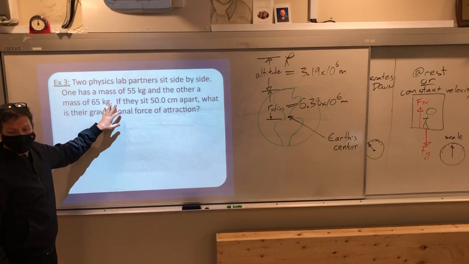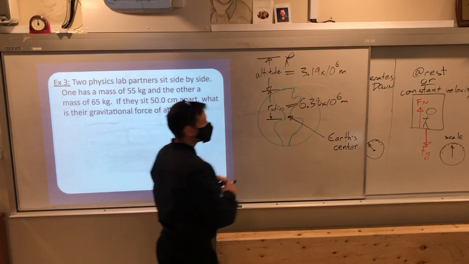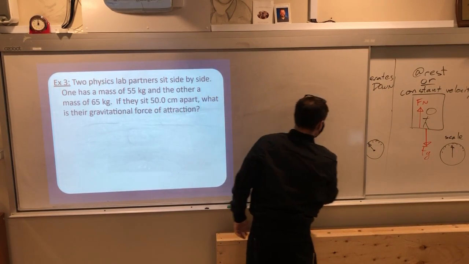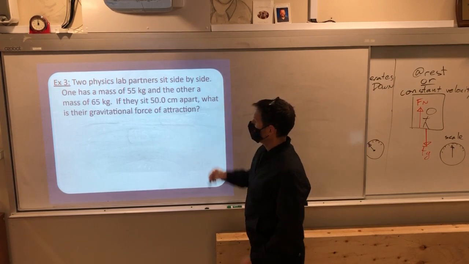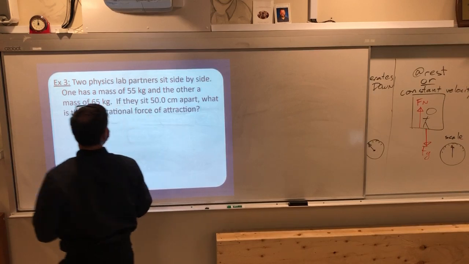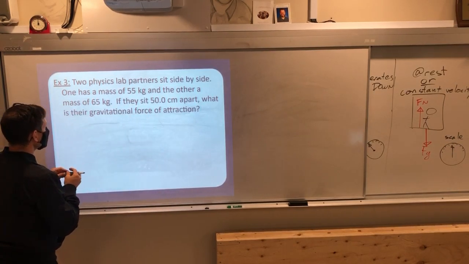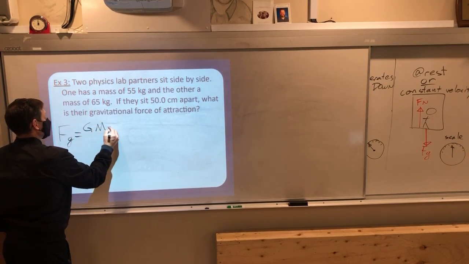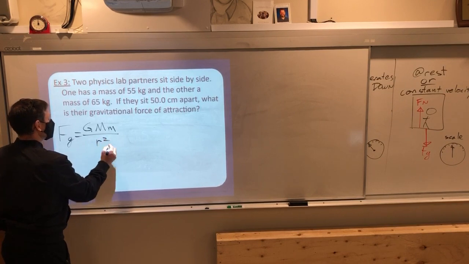So no more Earth here, so there's no Earth's mass. And I just guessed two random people. This is not particular people. So if one person has a mass of 55, we put in our same regular formula.